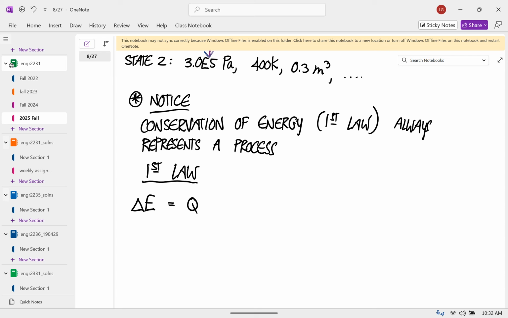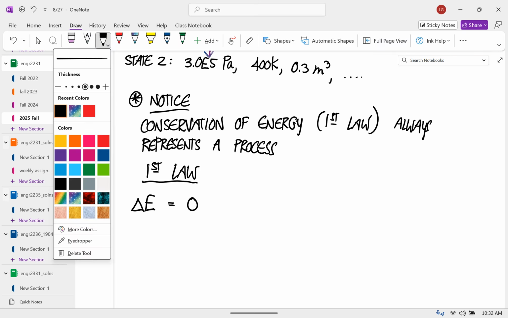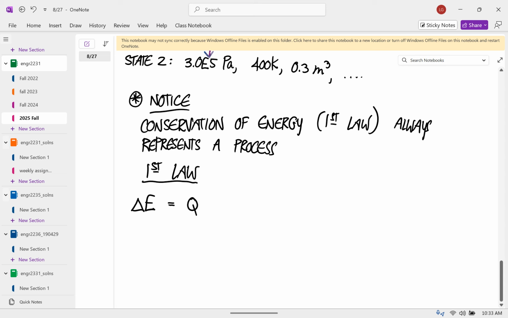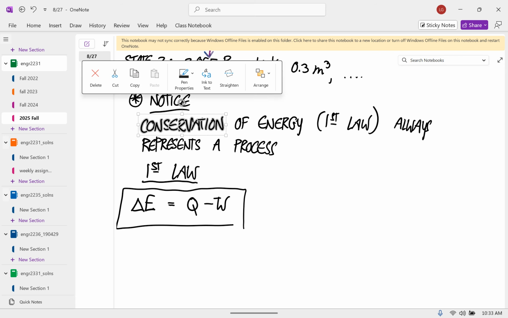But since our positive value of W would mean that work is being done by the system, energy is being lost by the system, this has to be minus W. Q minus W. Okay, so that's the first law of thermodynamics.